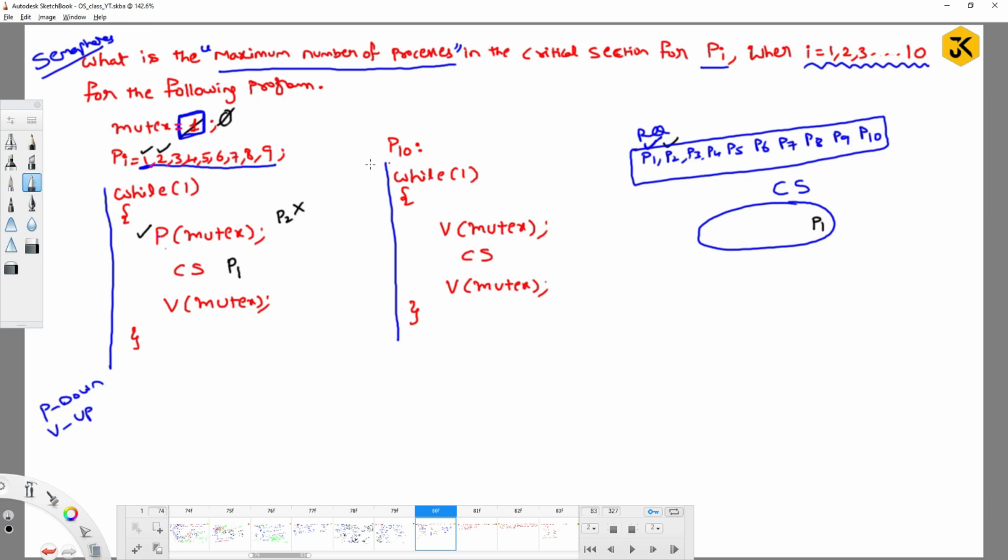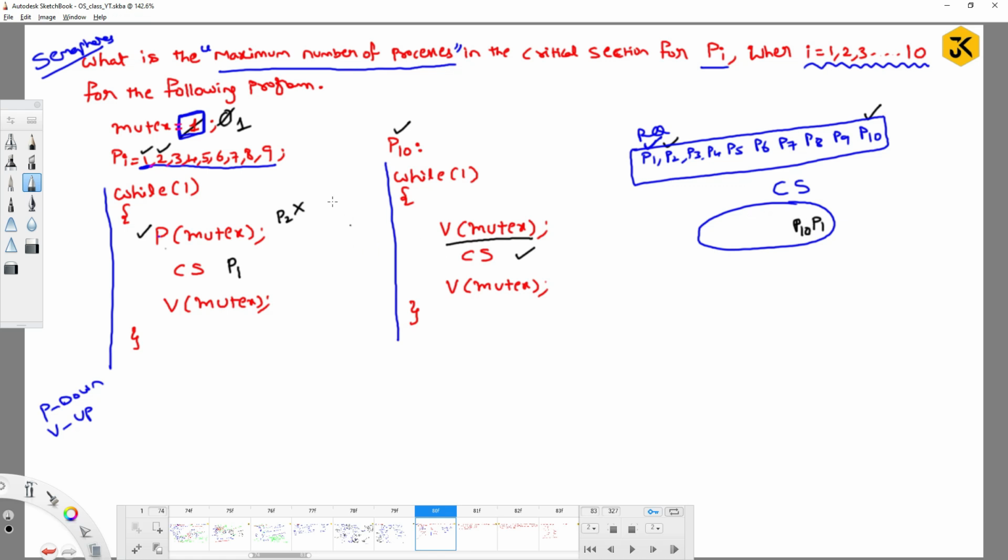Suppose for example, instead of P2, P10 got the chance. If P10 got the chance, what is it doing? It is performing up operation on the mutex, means it will increment by 1 and then it will enter into the critical section. So now P10 is going to enter the critical section.